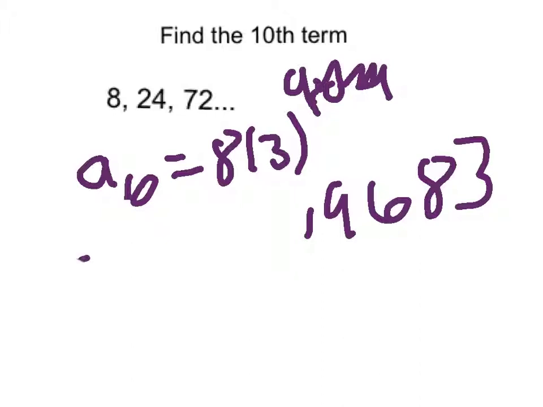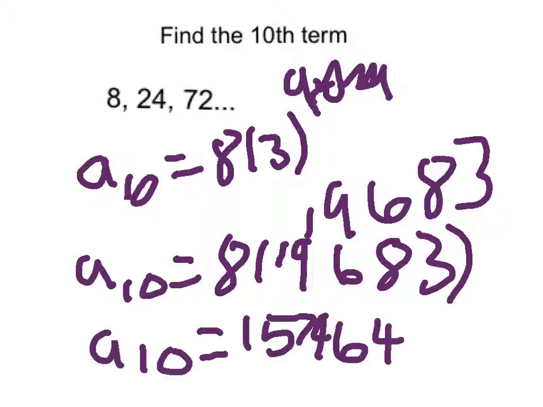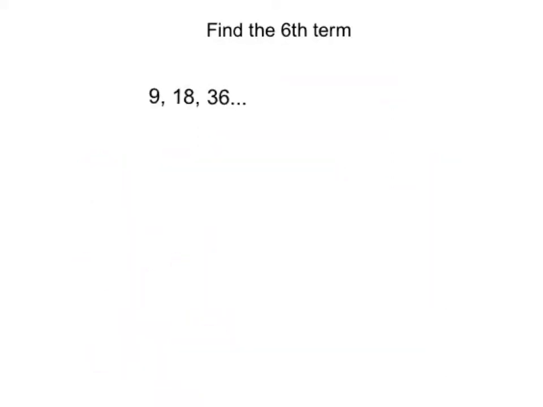So the new problem is a sub 10 equals 8 times 19,683, which is 157,464 equals a sub 10.